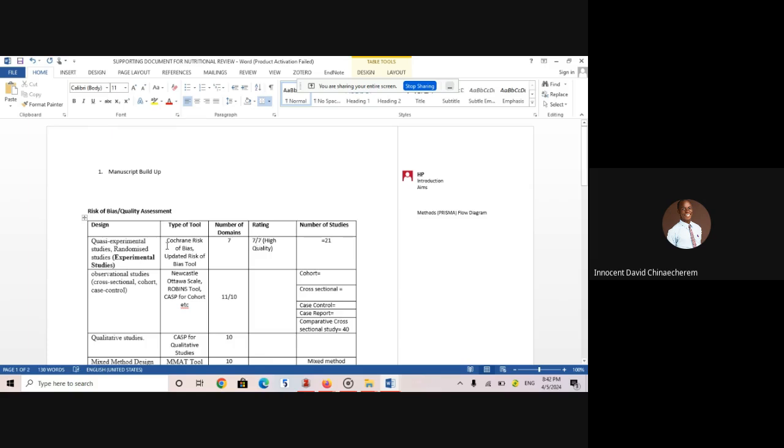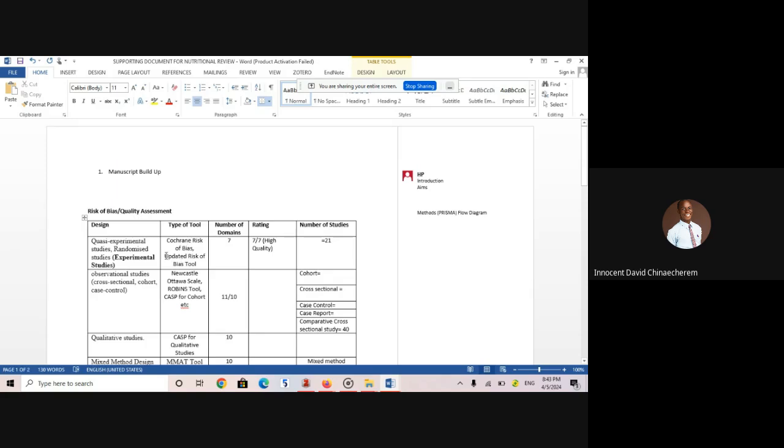Now, for these experimental studies, the Cochrane risk of bias tool was updated because there were some certain tools that started falling off. Maybe before, for us to rate marriage, we wouldn't bring in DNA. Now there is an update in the tool for marriage where we have attached DNA.